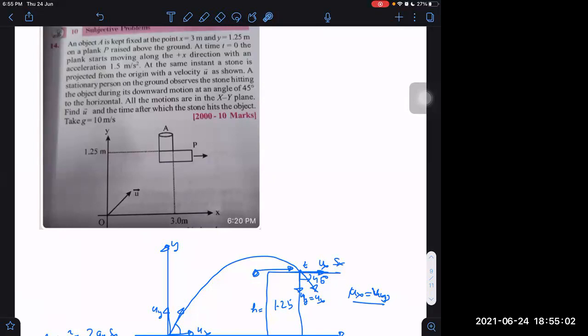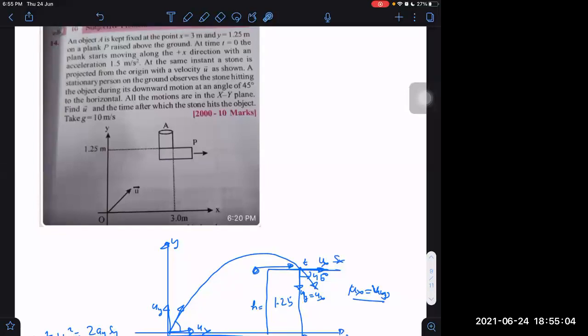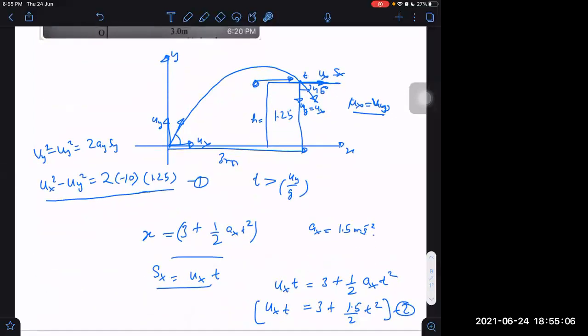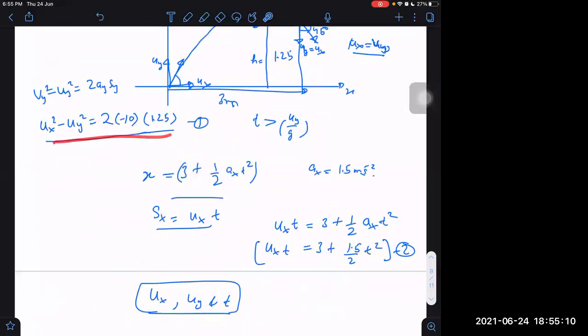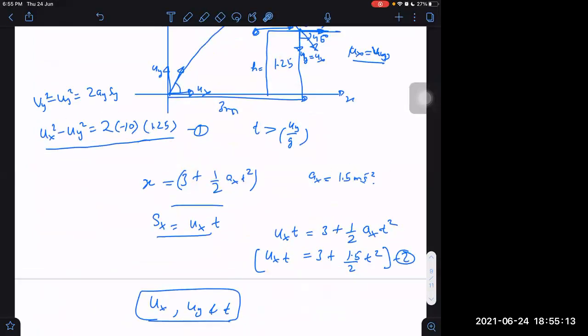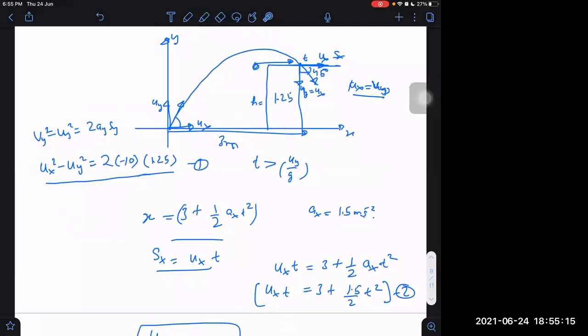No, I can do that. Okay, but right now I'm thinking what equations are possible. One equation we have framed here. One equation we have done here. Two equations are done already. Third equation I need, I think. Two will not be sufficient.